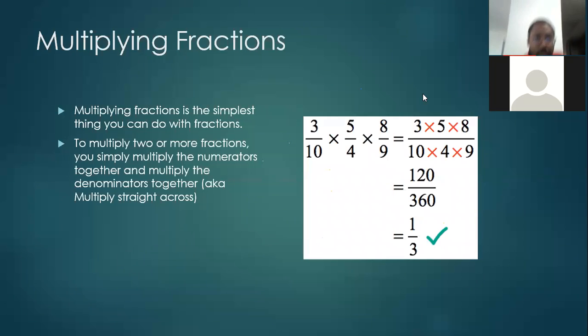Now, I want to take that problem and illustrate how I would simplify it down as just one example. So, if I wanted to break down 120 divided by 360 into its smaller parts, the first thing I would do is say, okay, what goes into both 120 and 360?